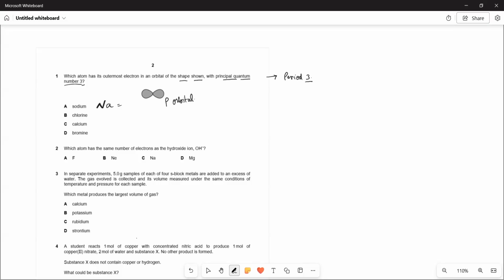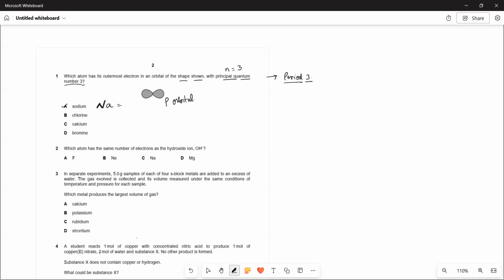Because all members of period 3 have 3 shells in them. So when we say principal quantum number, it means n is equal to 3. Second period members have 2 shells. First period members have 1 shell. So if we look into these, which out of these are in period 3?